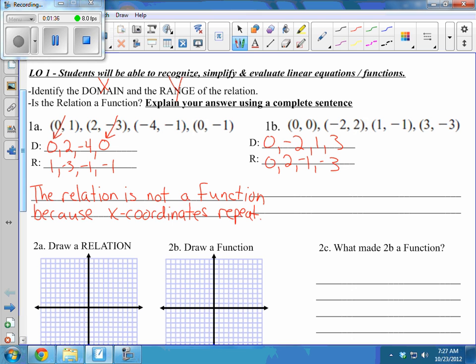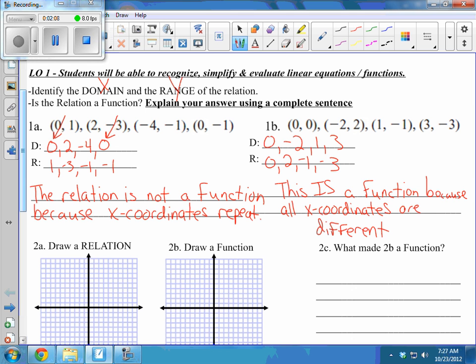Yes, this is a function because all of the x coordinates are different. All right, and that is domain, range, and is it a function or not?